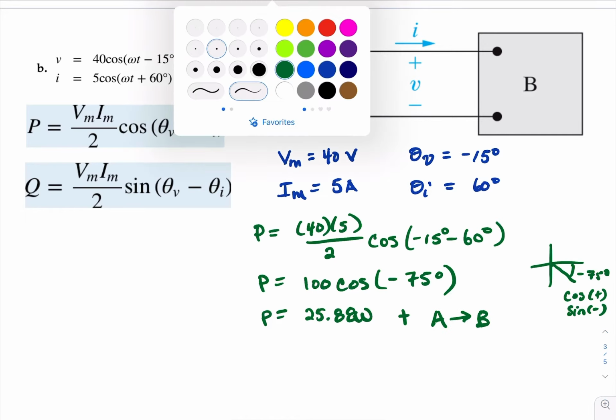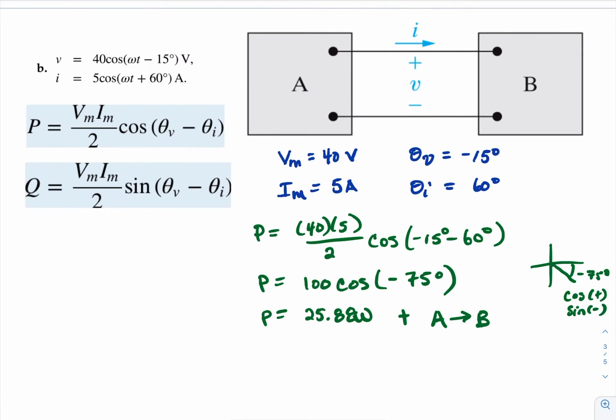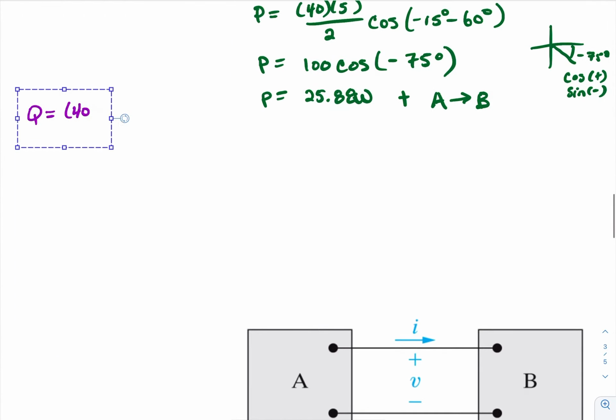All right, let's take a look at reactive power. So Q is equal to 40, and actually I'm going to move this down because I've got another one here.